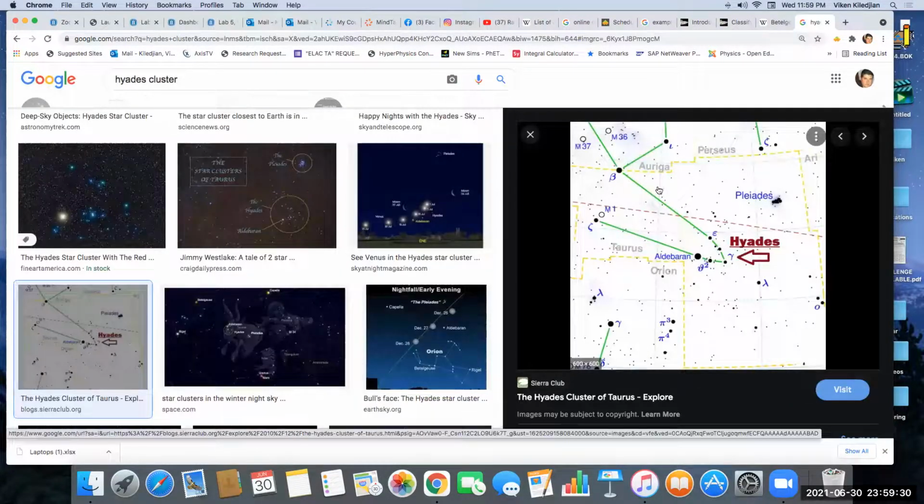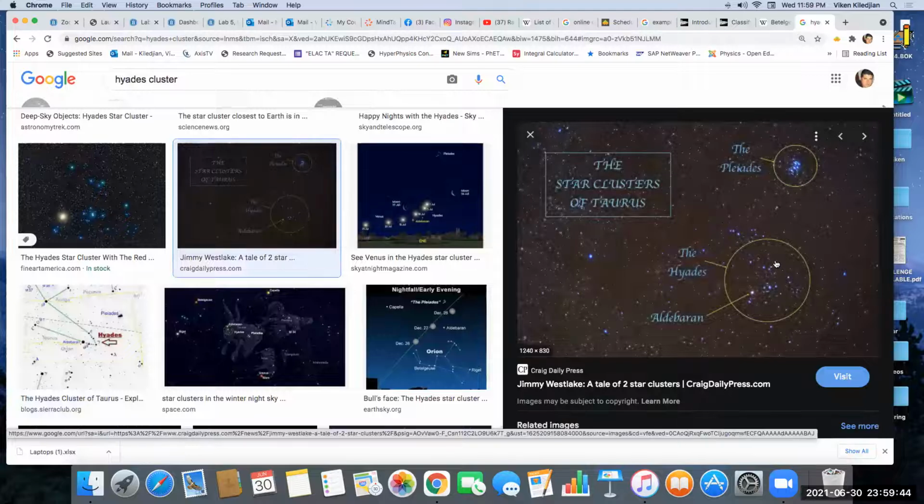This is the constellation here, Taurus the bull, and that's the Hyades cluster right there. It's in that area. You see here? This is the Hyades cluster right here. Oh, there's Aldebaran right there. We mentioned Aldebaran a while ago. Aldebaran right there.